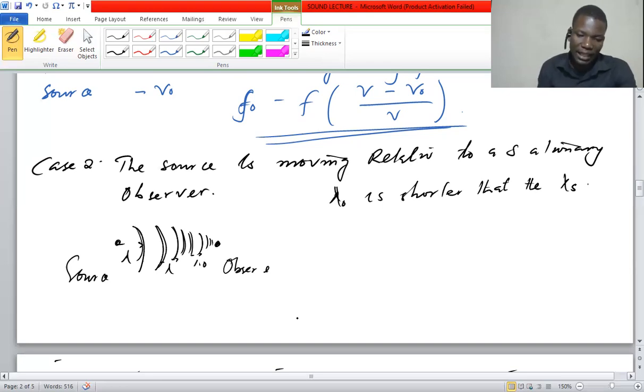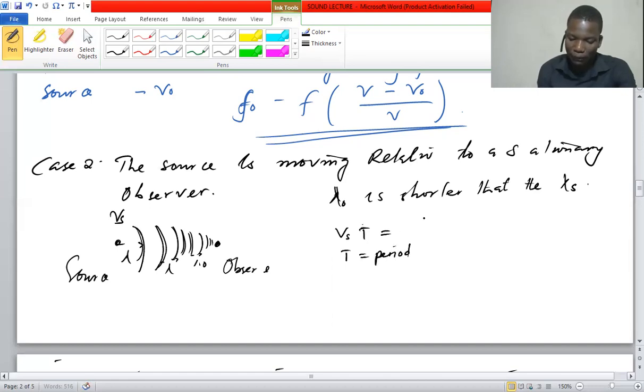So now if we take this source moving a distance, the source is moving with a speed vs, and as it is moving at that vs in a time period t, the distance that is going to be covered by the source on each period is going to be vs t. Now t is the time period.